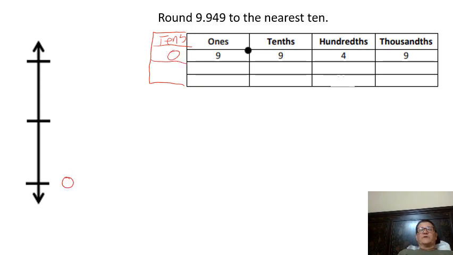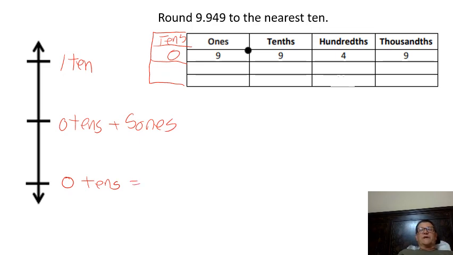So this would be 0 tens or 1 ten. And the center would be 0 tens plus 5 ones. And 0 tens, 0 times 10 would be 0. 0 tens plus 5 ones would equal 5. And 1 ten would equal 10.